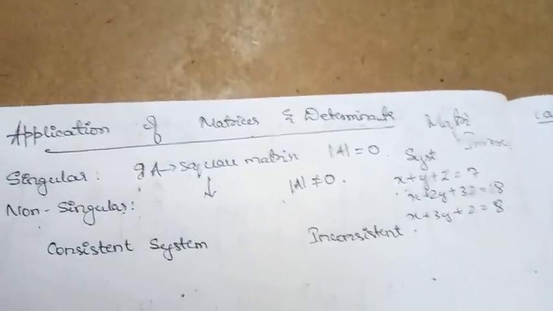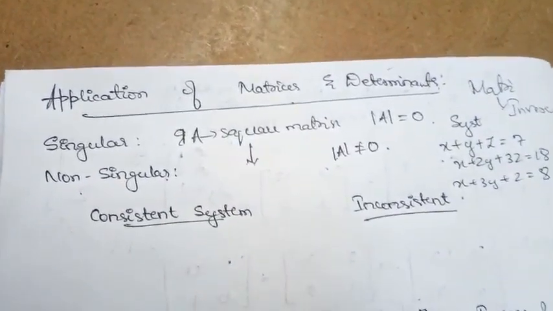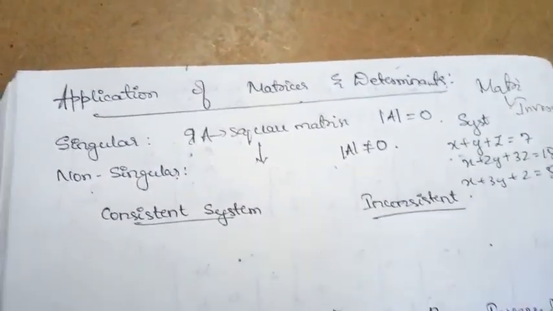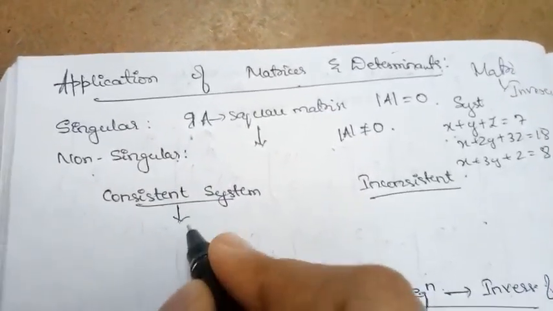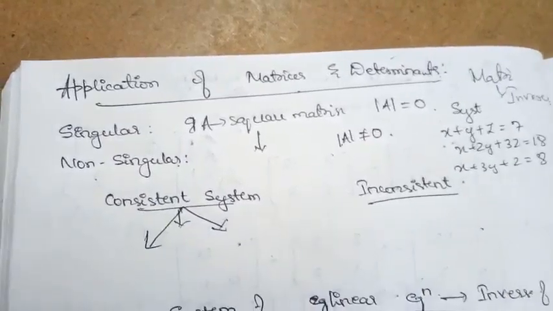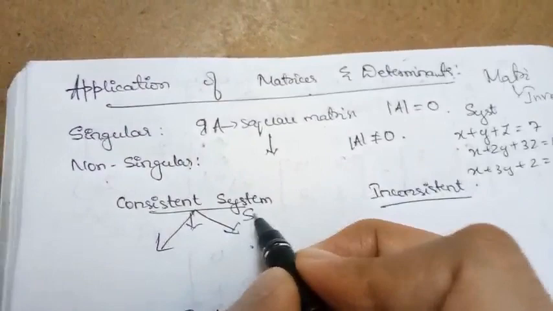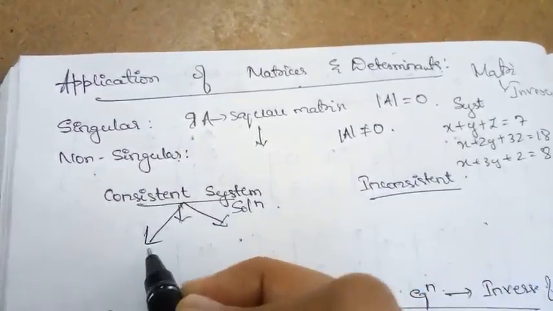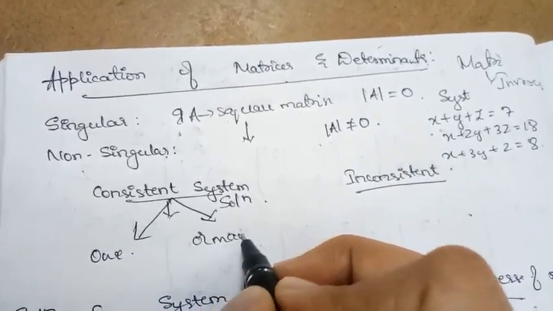Before that, let us understand what is a consistent system and an inconsistent system. A system is said to be consistent if it is having a solution, and that solution is either one or many.